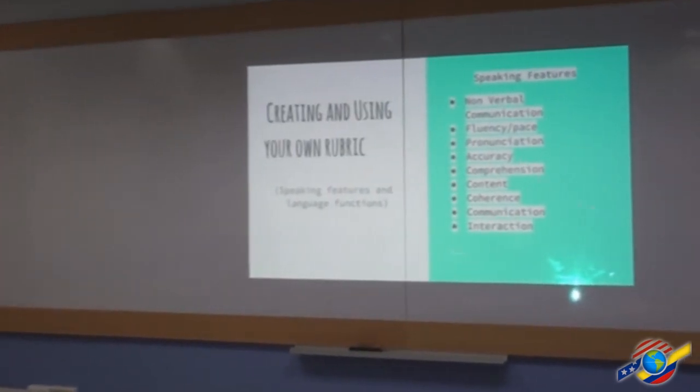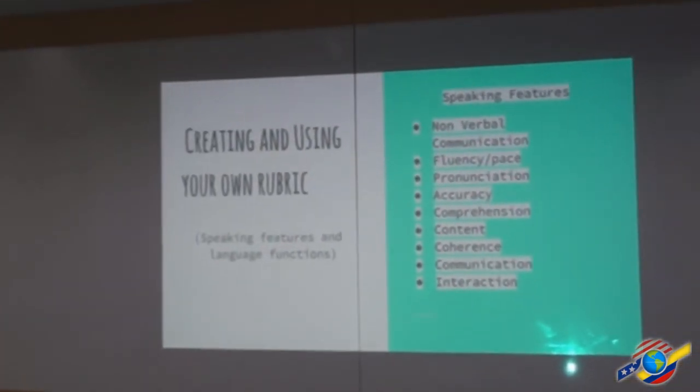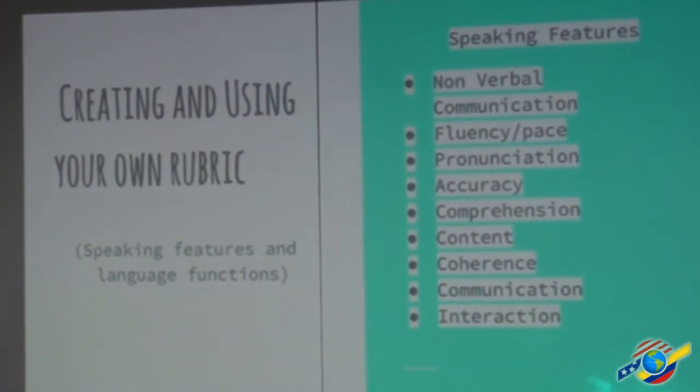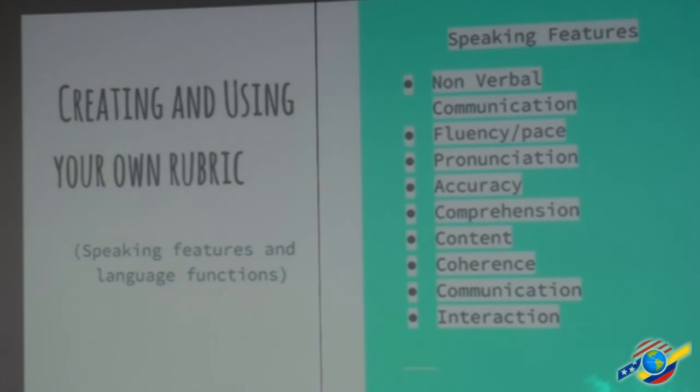Content is something related to the topic. If it's related to the topic, it has good content. If it contributes to topic development, like these students, that is content. Okay? Coherence is what we practiced today, off topic.